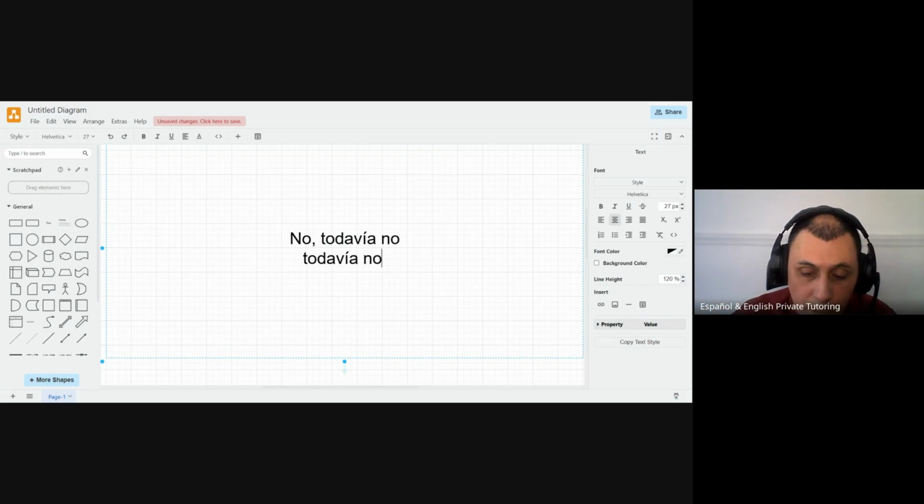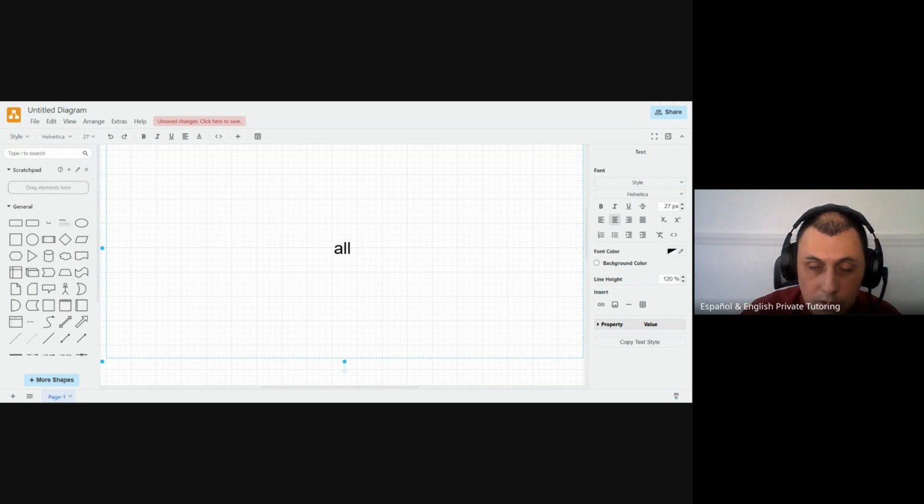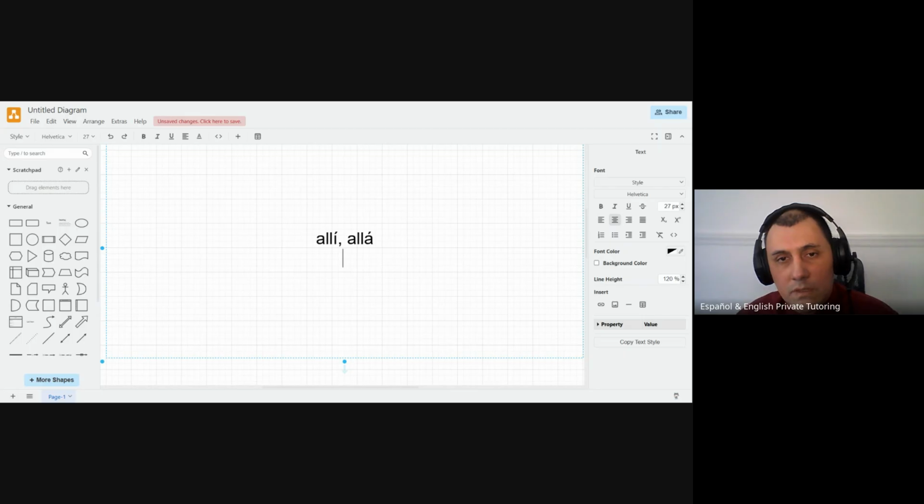According to the book, allí and allá are synonyms. According to the book, this translates as there, which is pretty close, it's correct, but they are not always synonyms. Sometimes they are, sometimes they are not. And why?